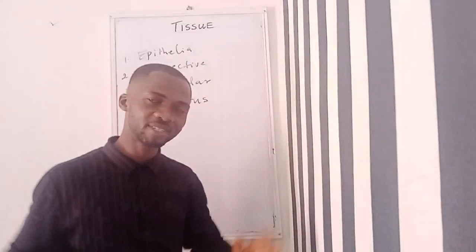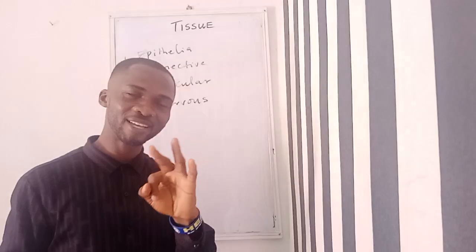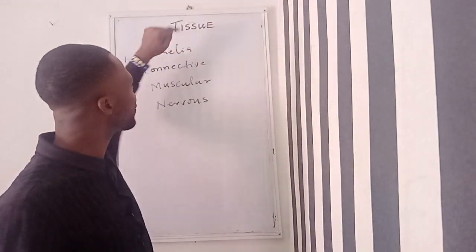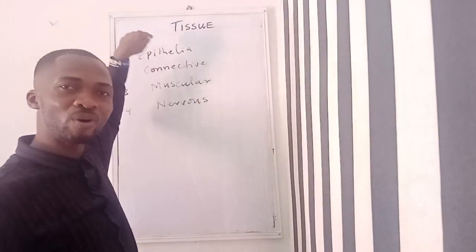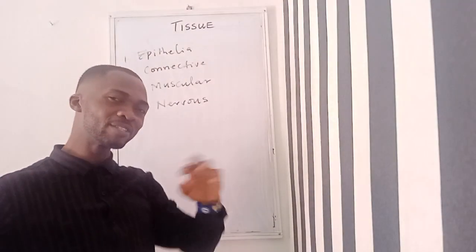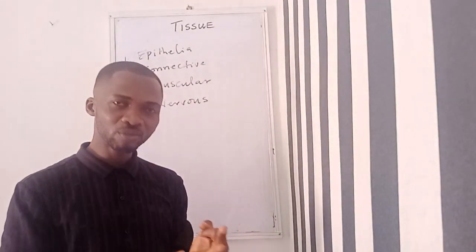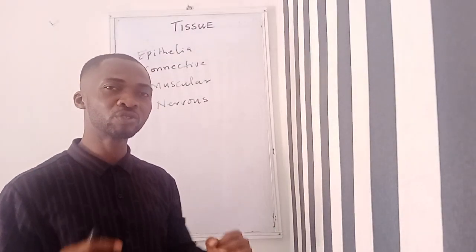And all the cells that are derived from these three germ layers, because they have common origin and common structure, will now fall under this type of tissue that is called epithelial tissue. Remember, I defined tissue by saying that the cells that form a particular tissue must have common origin, common structure, and of course, similar function.